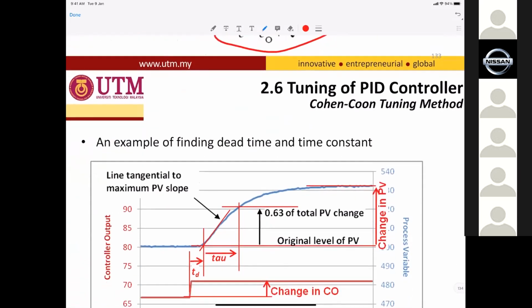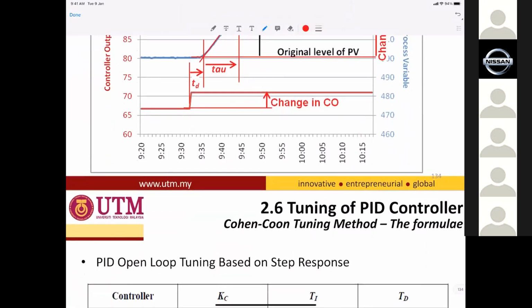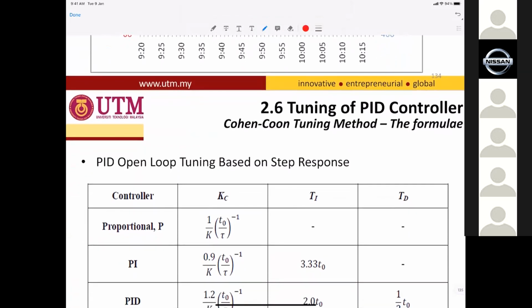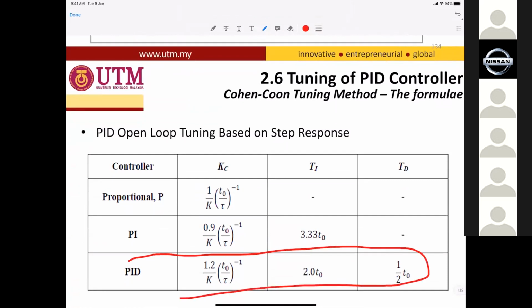So an example of finding the dead time and time constant is shown here for a first order system. Okay. So you have the time delay, you have the time constant, and you have the delta M and delta C, shown in slide 134. So it uses a formula, same like PID. Cohen also has their own formula, which is here, using T0 and tau.